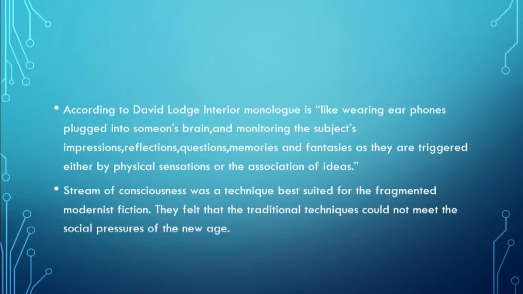The total world, especially the European nations, was in a disintegrated, fragmented state because of the impact of these two great world wars. And that fragmentation we can see in the modern writings also. And stream of consciousness was a technique best suited for the fragmented modernist fiction.